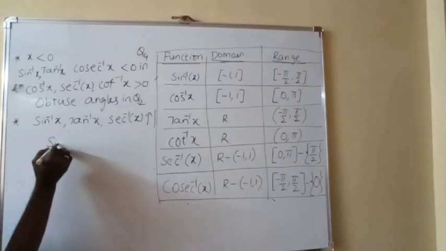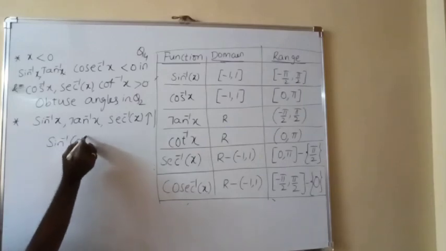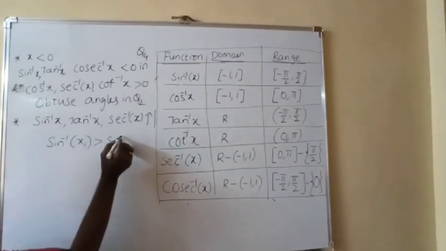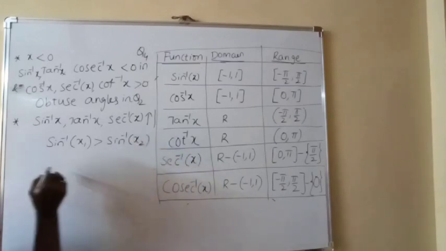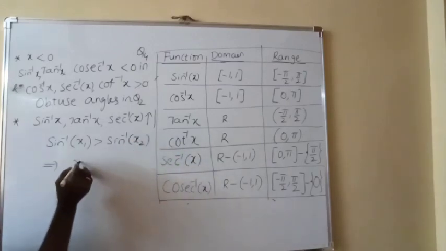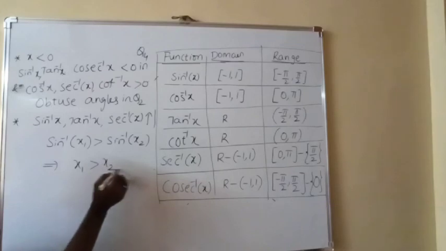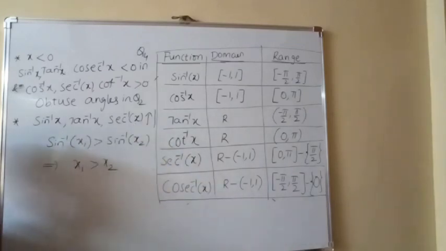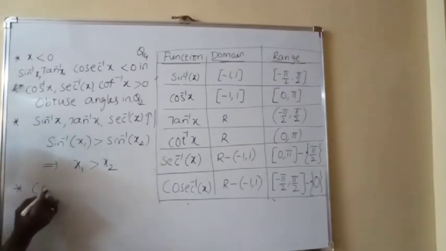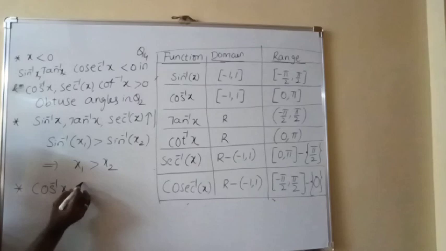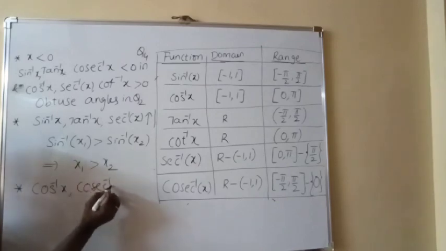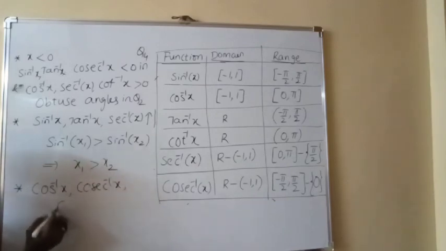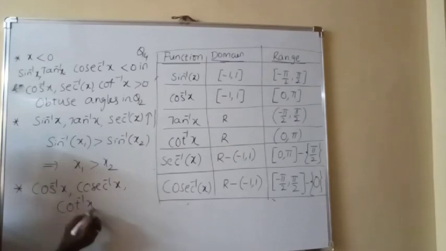For example, if I get an inequality sine inverse x1 greater than sine inverse x2, then on solving, the solution is x1 greater than x2, because sine inverse is an increasing function.